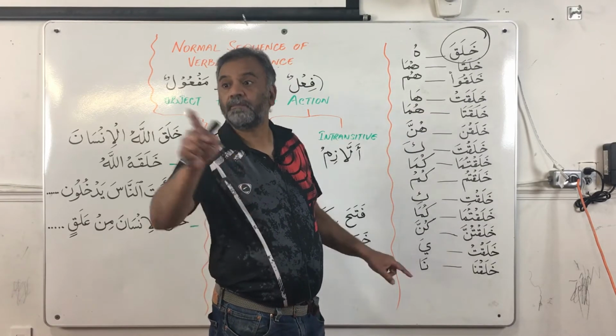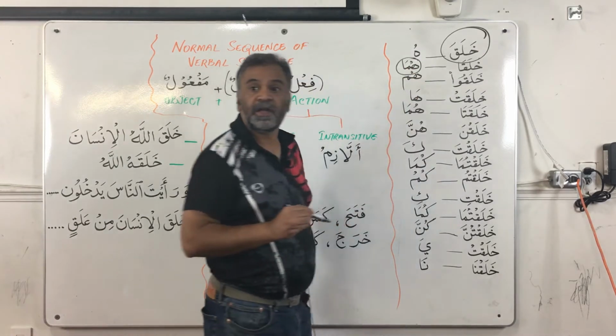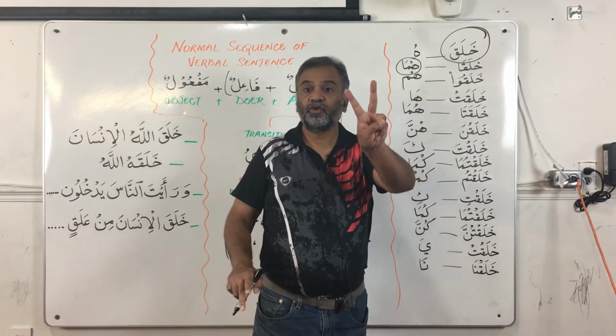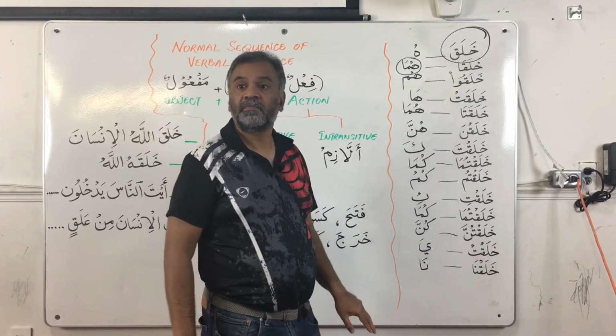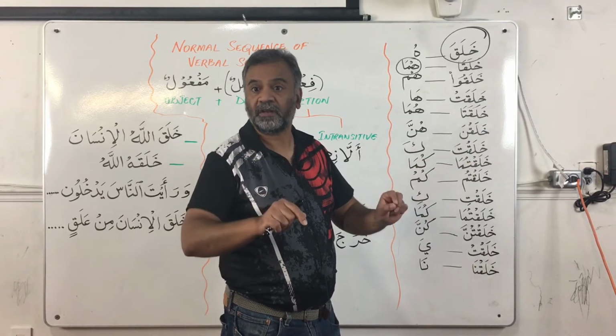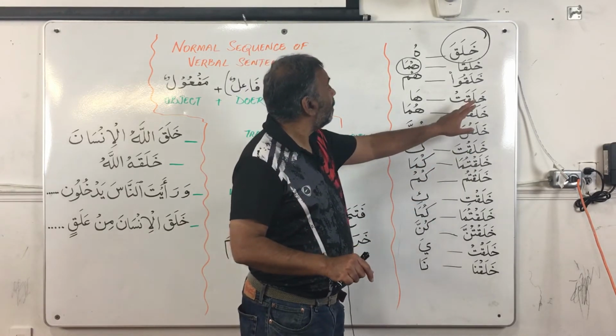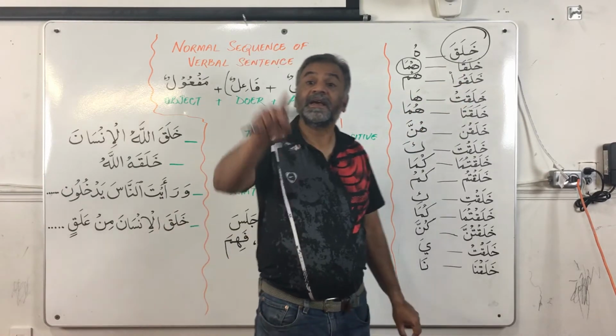right? Because who is him? If I attach huma, he created two of them, masculine. Khalaqahum, he created them, more than two, masculine, plural. Khalaqaha, he created her.